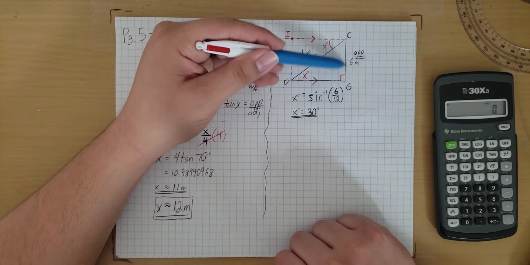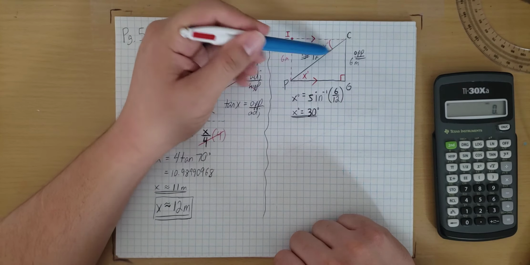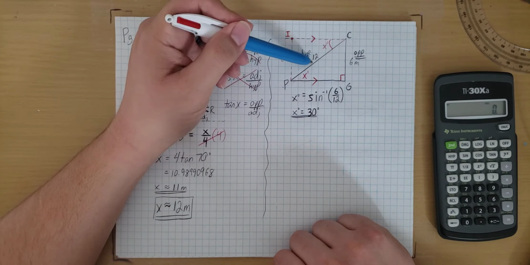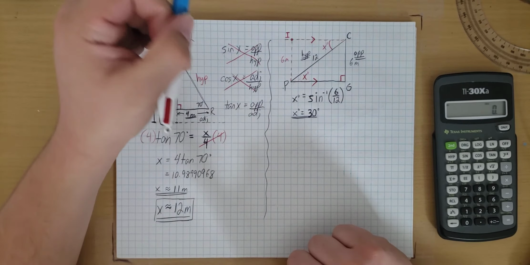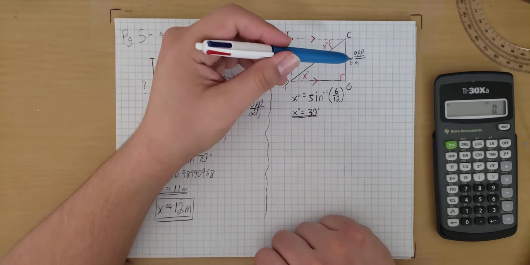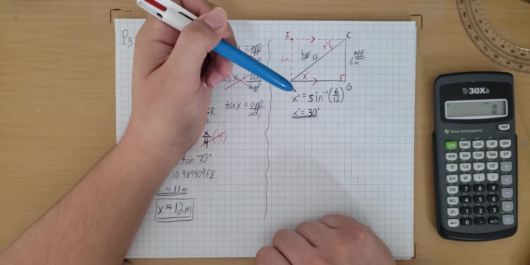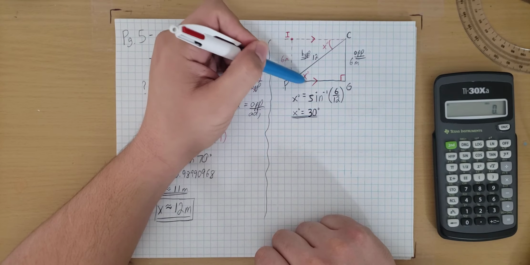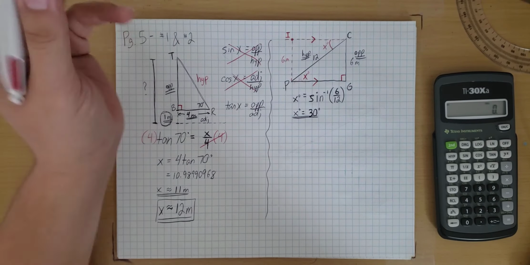Since it's a right triangle where the leg is half the length of the hypotenuse, we know it must be a 30, 60, 90. Since the short leg is half the length of the hypotenuse in the 30, 60, 90, that's one other way we could have solved for the angle measure and determined that it was 30. So, secondary method.